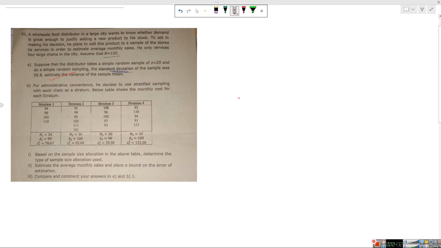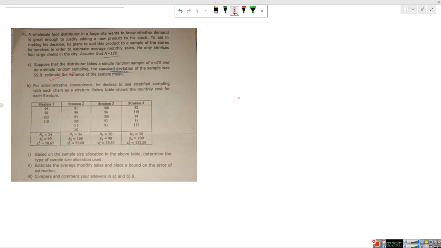They have given Ni, the stratum size, Xi bar, then Si squared is also given. Now based on the sample size allocation above, determine the type of sample size allocation used.